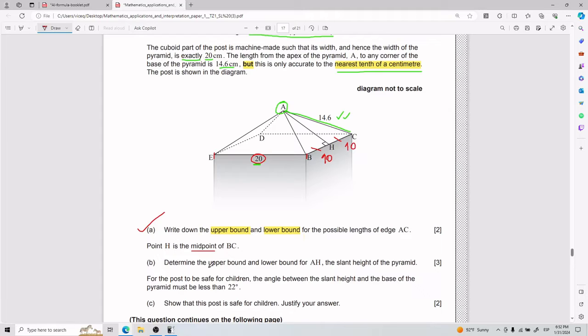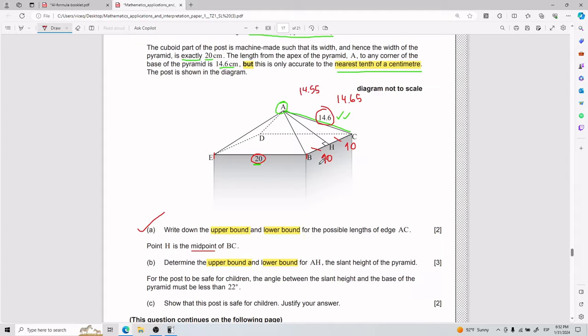Now, the upper and lower bound again for AH has to do with the fact that this 14.6 is, for part A, either 14.55 for lower bound or it's 14.65 for upper bound. It's one or the other.